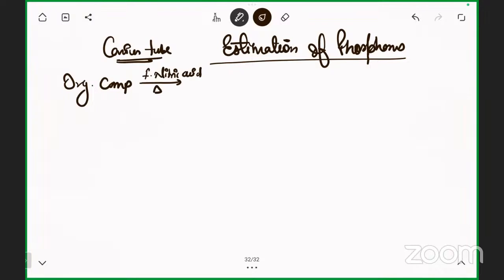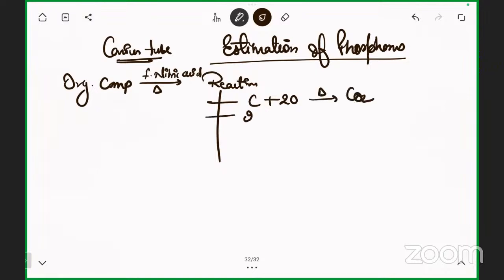You will see the reactions which occur. Carbon reacts with oxygen on heating to form CO2. Hydrogen present in the compound reacts with oxygen, forming H2O.